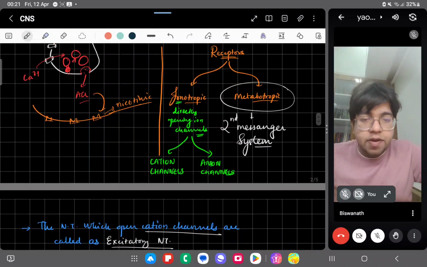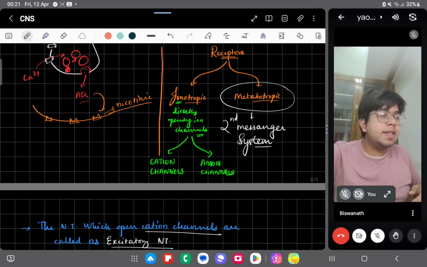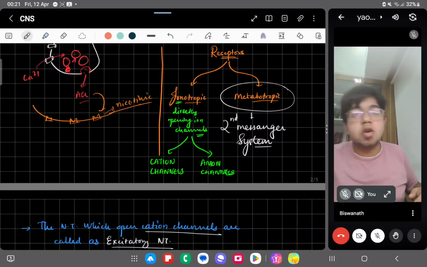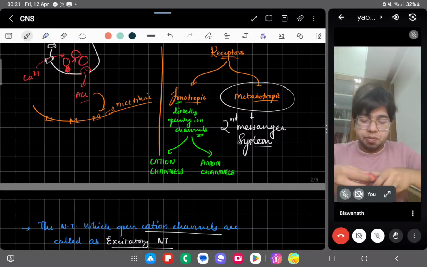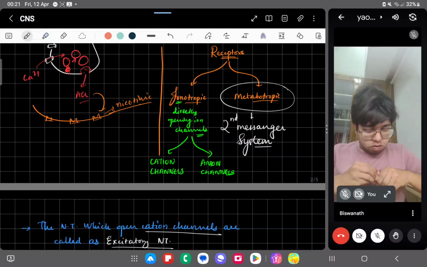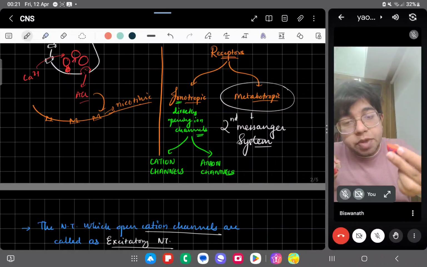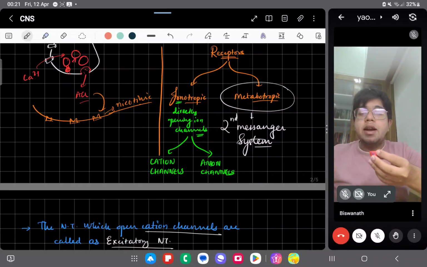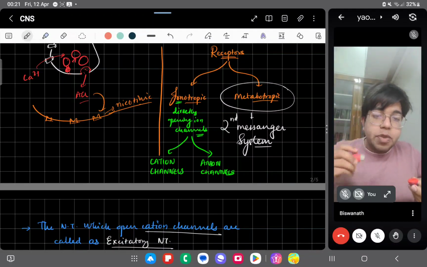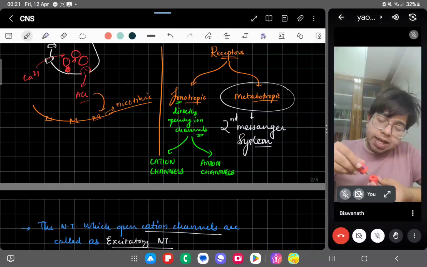Like when a ligand binds, let's say, I have something to show you. Okay. So let's say here's the receptor. Okay, this is the receptor, and this is the ligand. So ionotropic receptors are basically short acting.